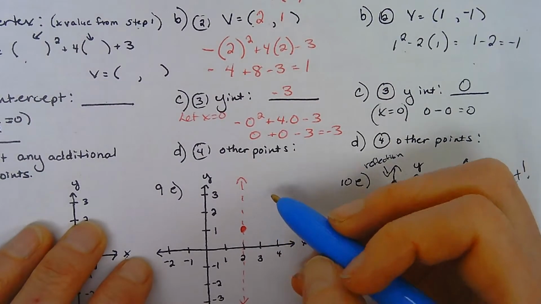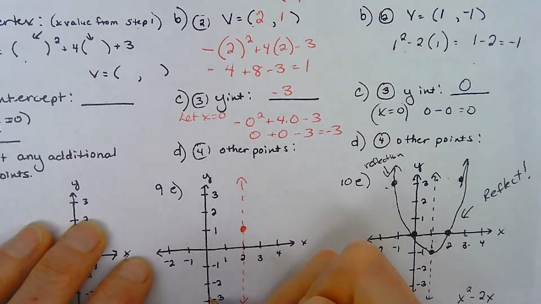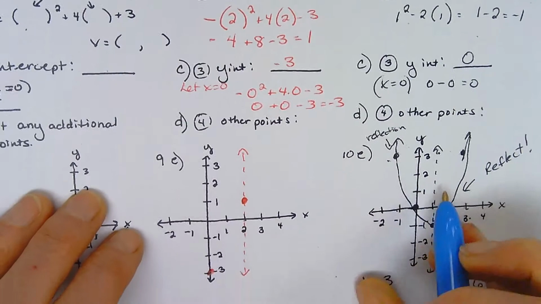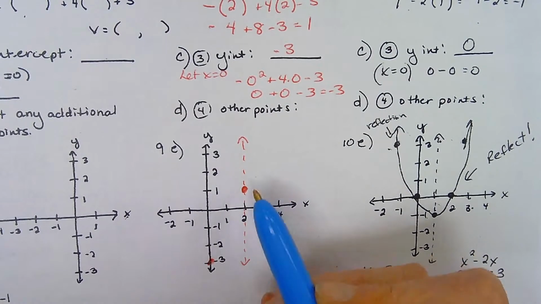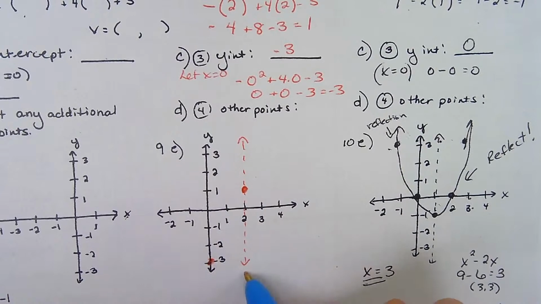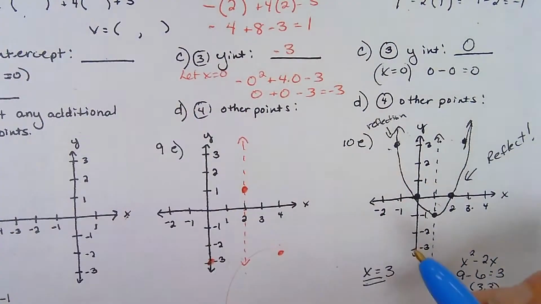And the y-intercept is -3, so that's down here at -3. The y-intercept can be reflected across the axis of symmetry over 2. So now we have 3 points. We'll need 5 for our parabola.